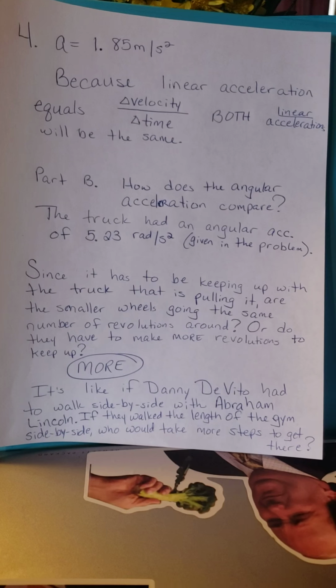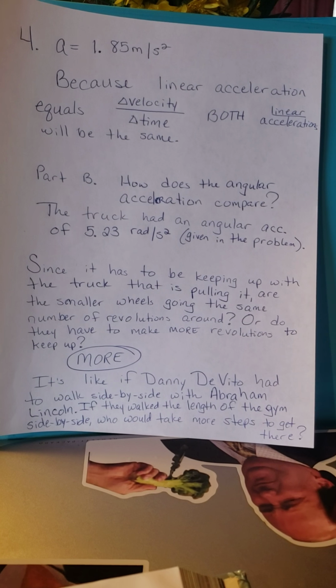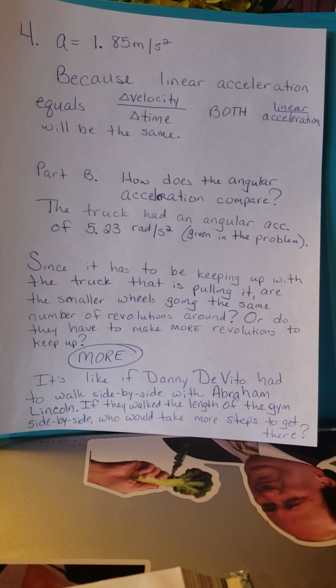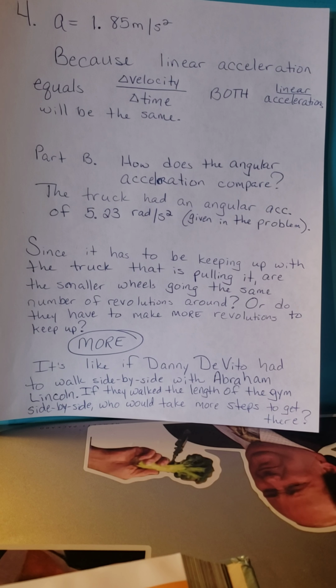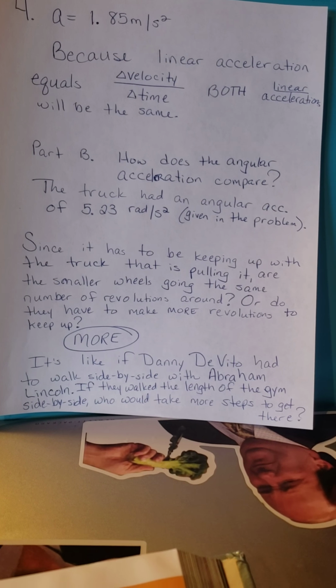But part B asks us something totally different. How does the angular acceleration compare? Well, that's different, because for angular acceleration, you're looking at how many times these wheels revolve.